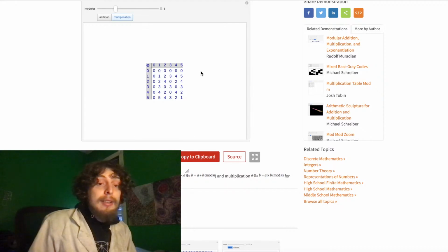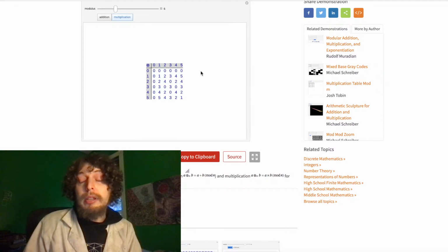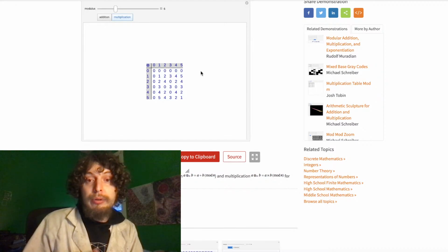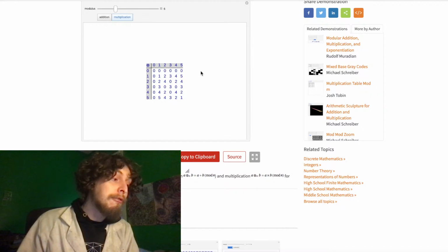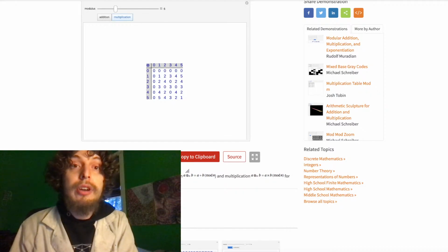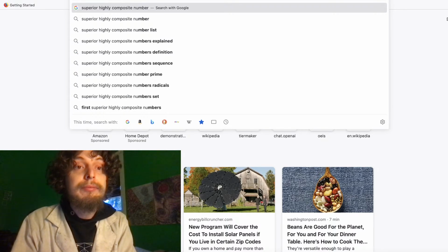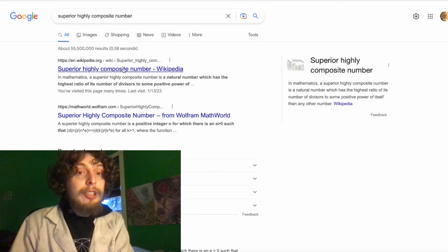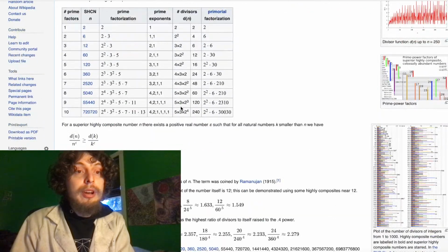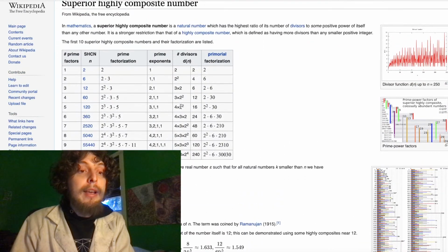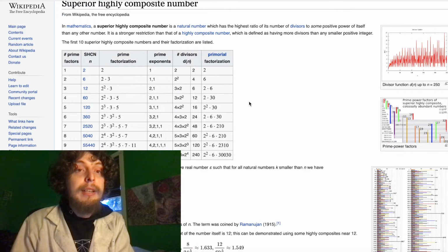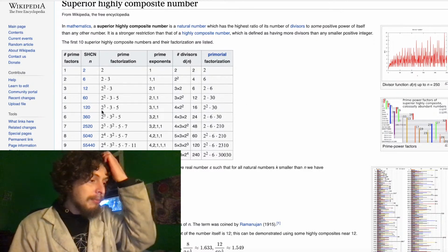Also, 6 or 12 really work, though. 6 or 12 are really your best bases. Your best bases are typically your superior highly composite numbers, like 2, 6, 12. There are other ways you could count what would be the best base, but for many traits, these are the best bases.